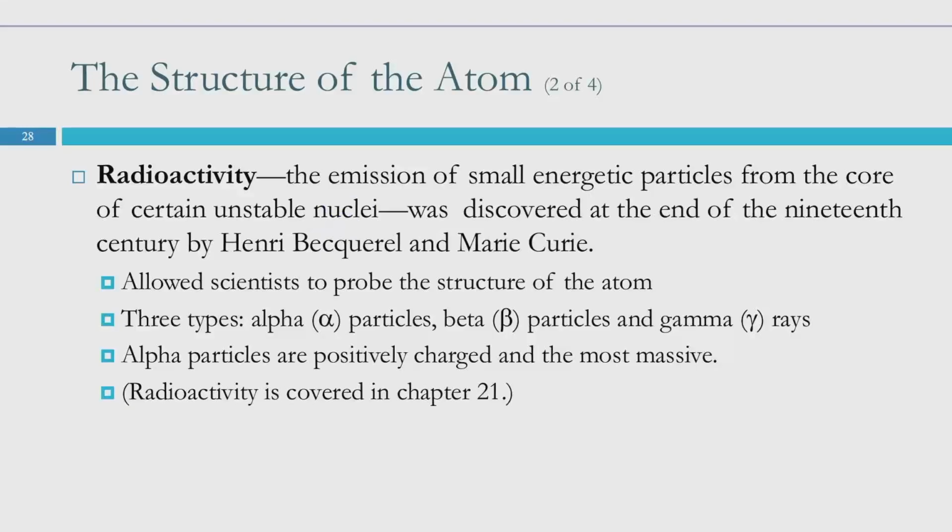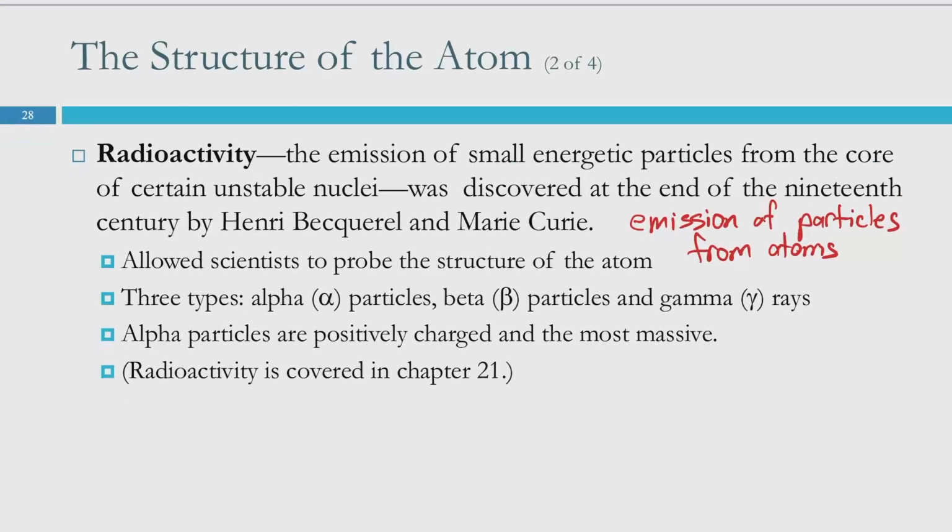We haven't learned what nuclei are, but that's the center of atoms, basically. So the emission of particles essentially from atoms, specifically one part, the nuclei, and we're just mentioning it briefly because there's another experiment that requires us to have some basic idea of what radioactivity is.